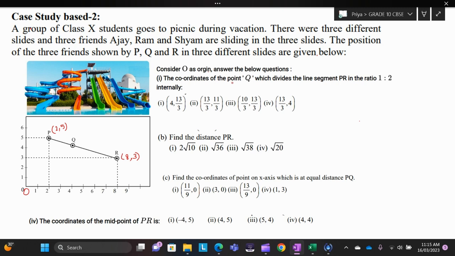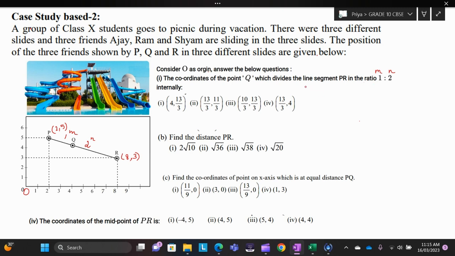Answer the below questions. The coordinates of the point Q, which divides the line segment PR in the ratio 1 is to 2 internally. So Q is dividing this line segment in the ratio 1 is to 2. So that is m is to n. So I know m is 1 and n is 2.